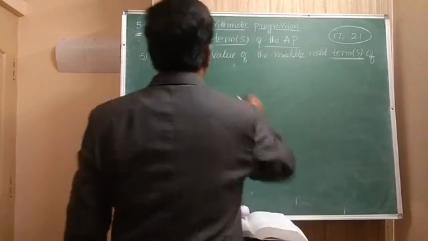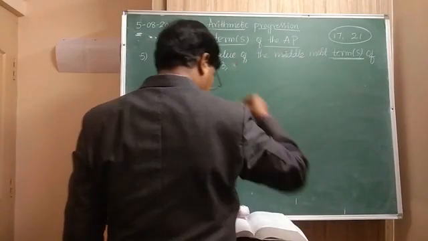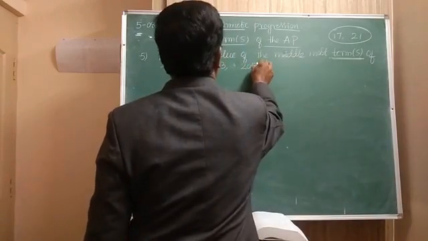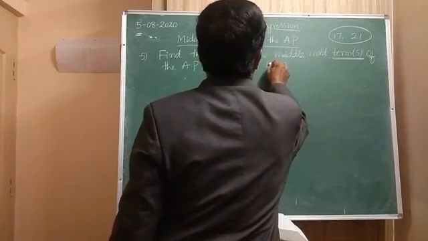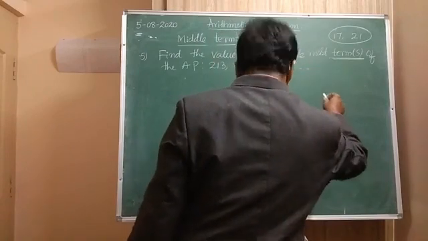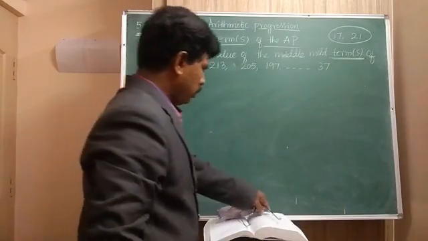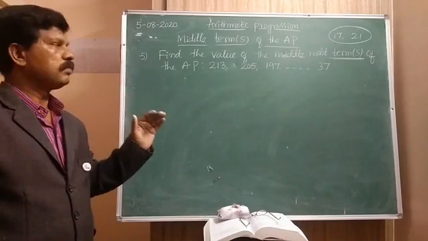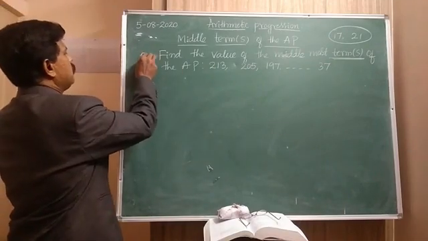The AP is 213, 205, 197, etc., and the last term is 37. Same as the previous problem, right? Now, first thing is what? This is the sixth one.